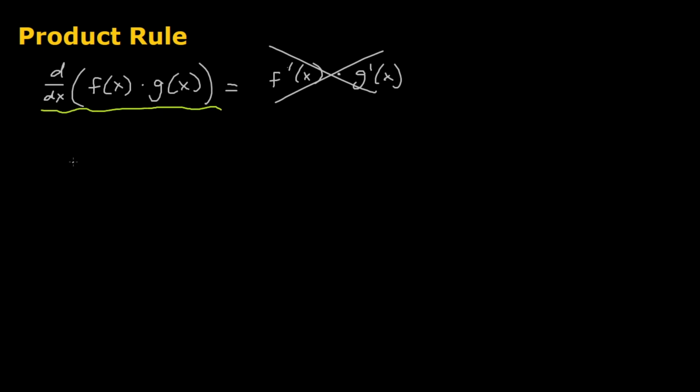And it looks a little something like this. So I'll just rewrite this quickly. So d dx of f of x times g of x is going to look like this. So you're going to take the first function and then multiply it by the derivative of the second function, so that'd be f of x times g prime of x.